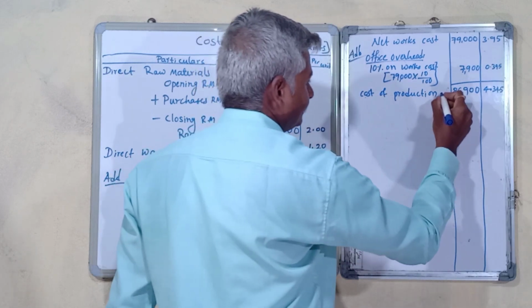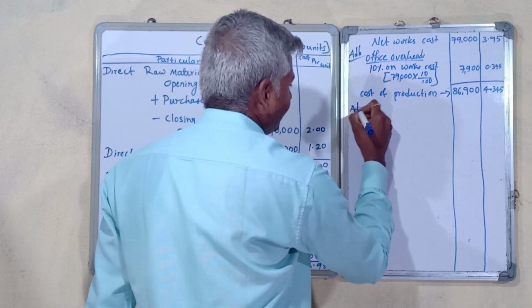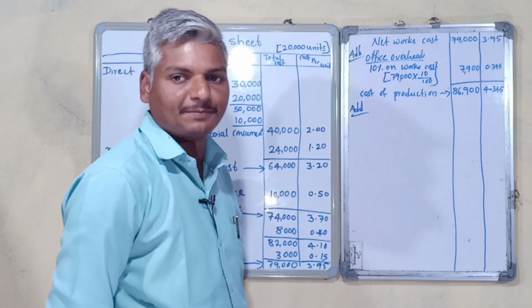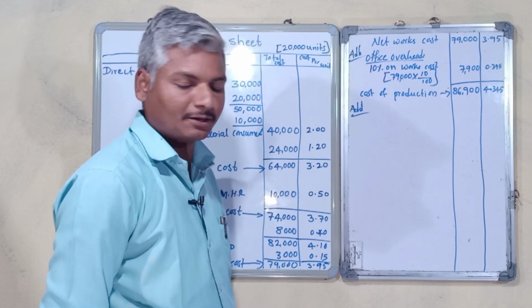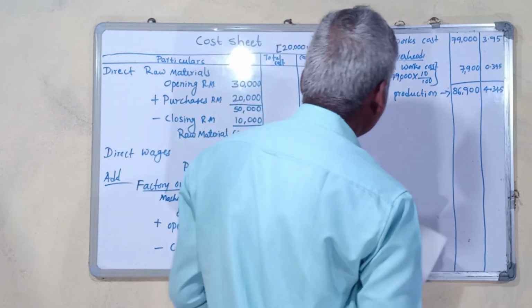Then for this we need to add one more functional classification of cost in a cost sheet, that is selling and distribution overhead.